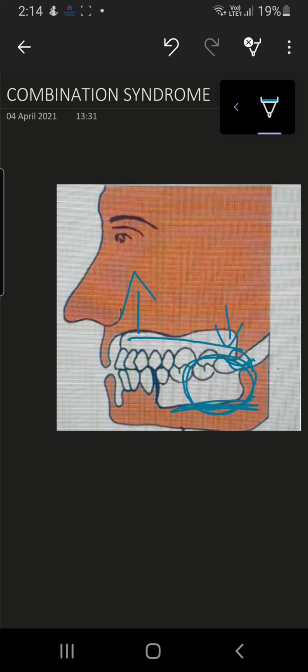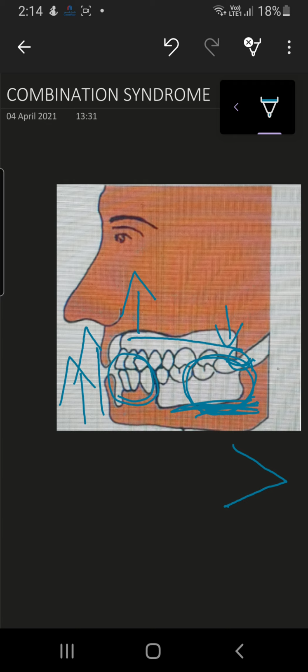Now, as there'll be more resorption on the lower, more resorption on the upper, it's almost going to form some sort of shape, and that's actually going to cause an open bite. This open bite is going to cause the lower natural anterior teeth to be super erupted, more anterior open bite.